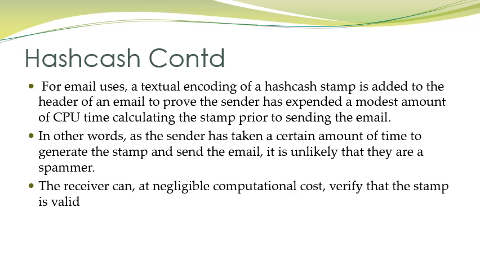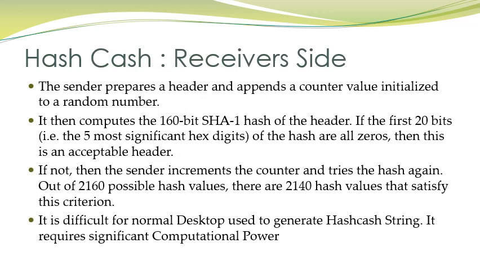So we will try to understand the hashcash at the sender side, how the sender will create a hash stamp. For creating the hash stamp, the sender of the email prepares a header and appends a counter value initialized to a random number.